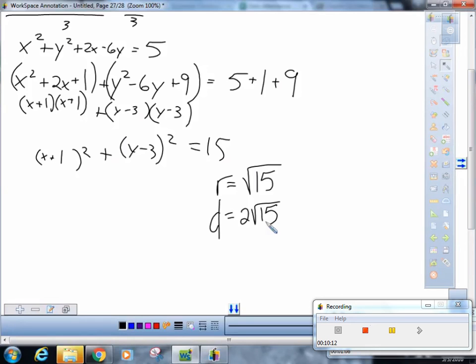So how do we find the circumference? Pi times 2 times radical 15. And that's like 23 point something, I think. Sorry, 24.3.